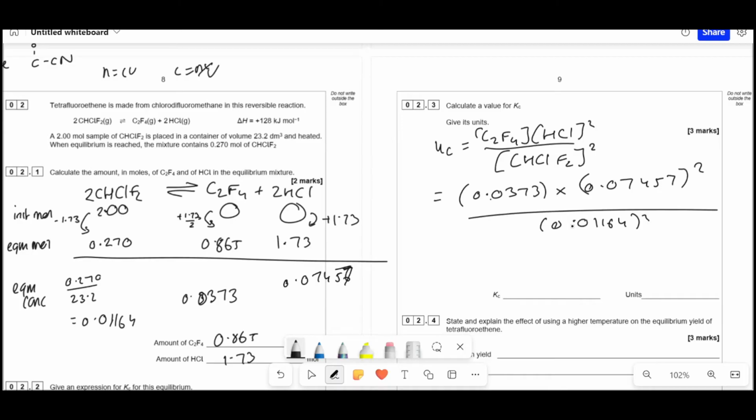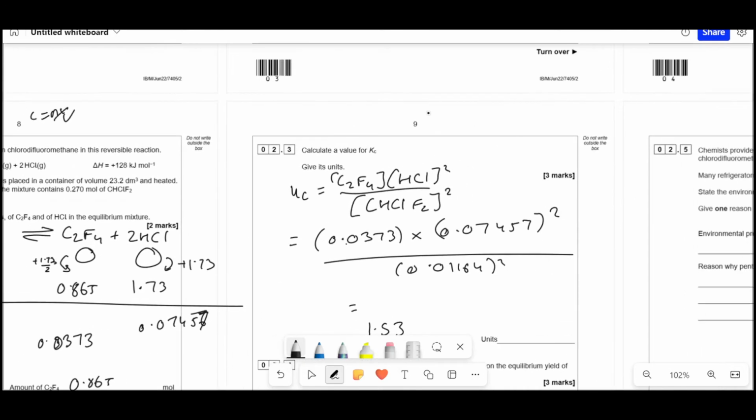If we do that, we should get an answer of 1.53, because we want to match the significant figures of the question. And as well as that, we need to work out its units. The units are going to be moles per decimeter cubed times moles per decimeter cubed squared, all over moles per decimeter cubed squared.